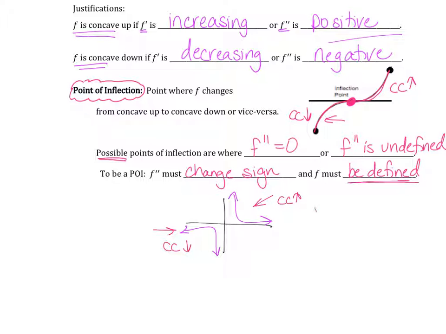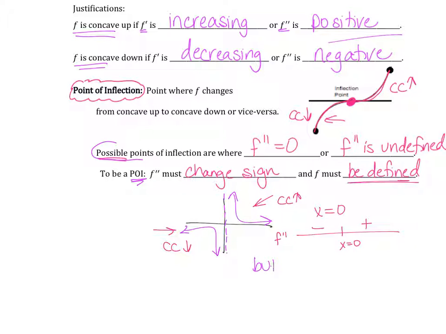So I could say that at x equals 0, if I did a sign analysis of the second derivative, this would be negative and this would be positive. However, so f double prime does change sign, but the function isn't defined at 0. What's happening is I have an asymptote. So there can't be a point of inflection when there isn't a point.